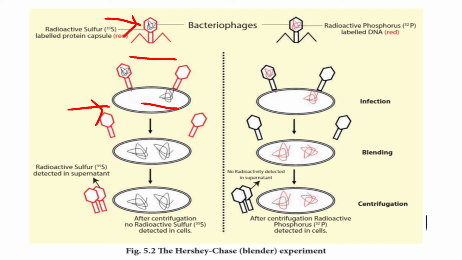What do our moms do for chutney making? They put it in the mixie and grind it, then take the supernatant out and keep the sediment for the preparation of chutney. Like that, the blender experiment was done, with light agitation, light shaking.